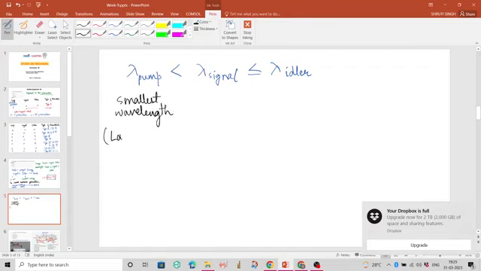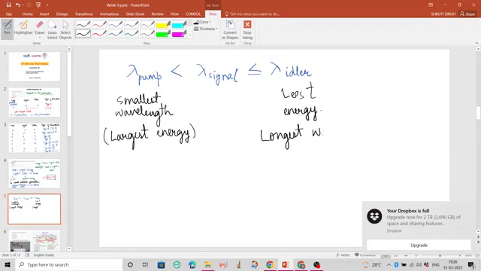Smallest wavelength, largest energy. This one is the least energy, or the longest wavelength.